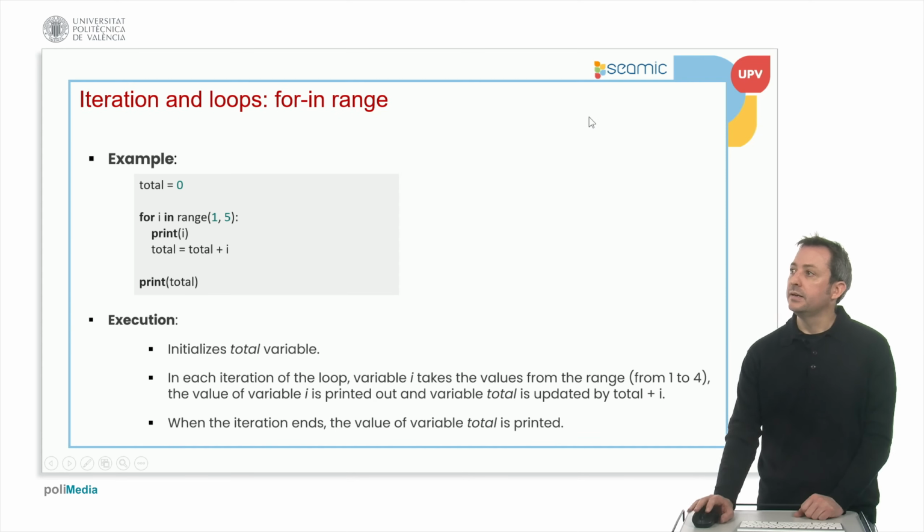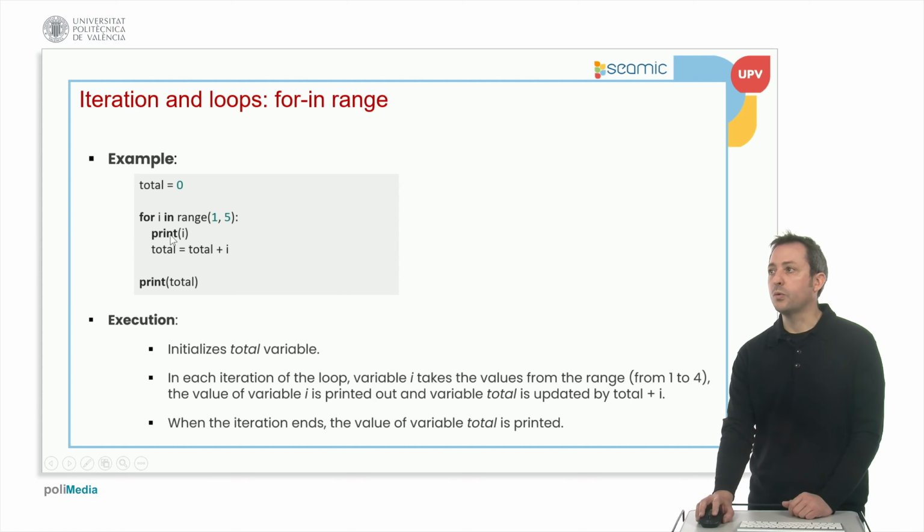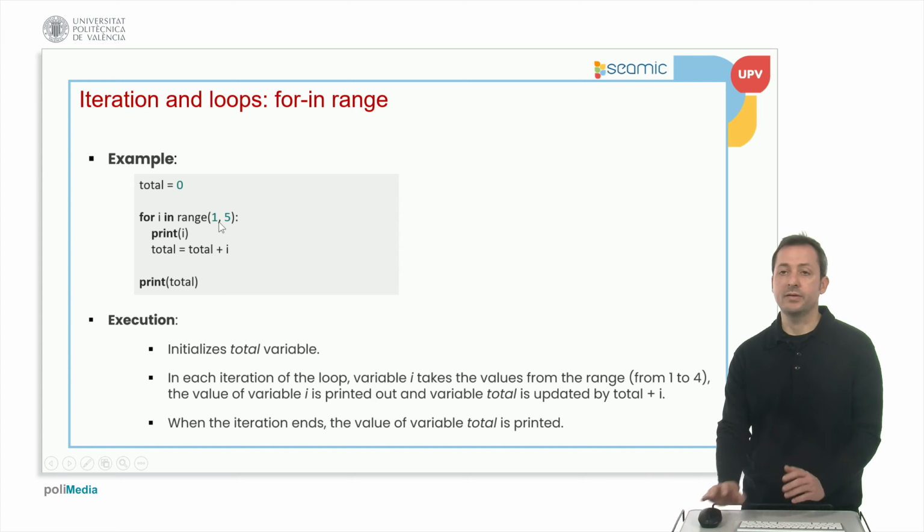In this case, let's see an example of how this works. As you can observe, we repeat the instructions inside the for statement, depending on the values from 1 until 5 minus 1. Take into account that this last value will not be taken.